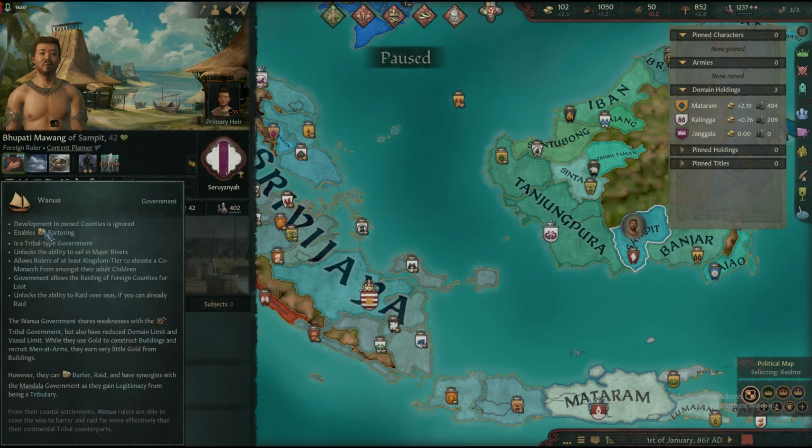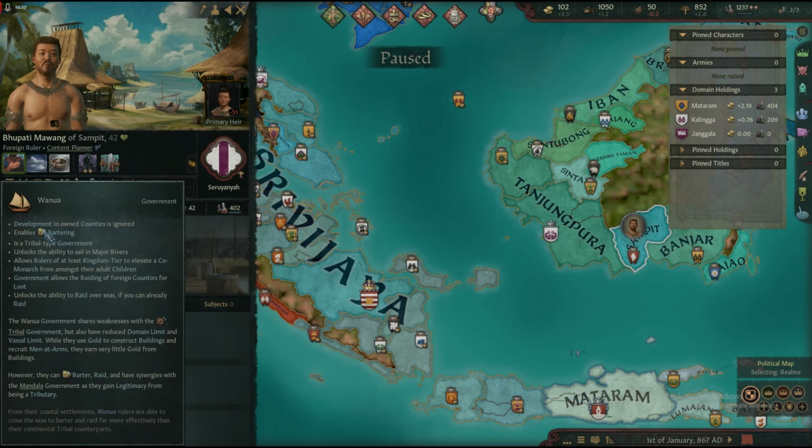And while they're required to use gold to build instead of prestige, they can also use barter, which is something that adventurers can do, which is a whole other topic entirely, and is going to require an entirely separate video to talk about barter, adventuring, and all that. So stay tuned for that.